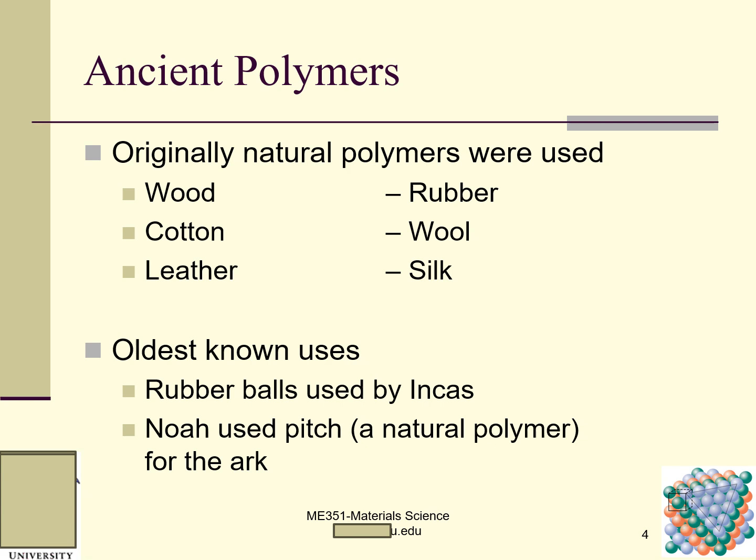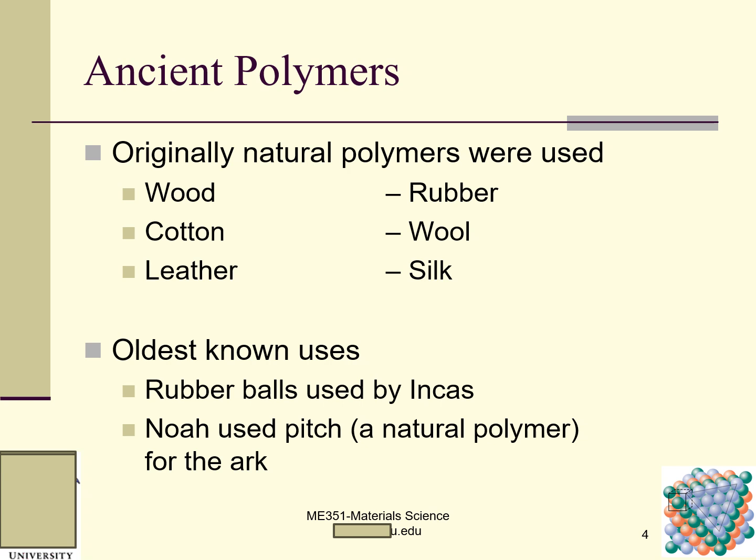For example, originally natural polymers were used: wood, cotton, leather, rubber, wool, silk. All these materials are natural. We call them natural polymers, and they are also being used now.